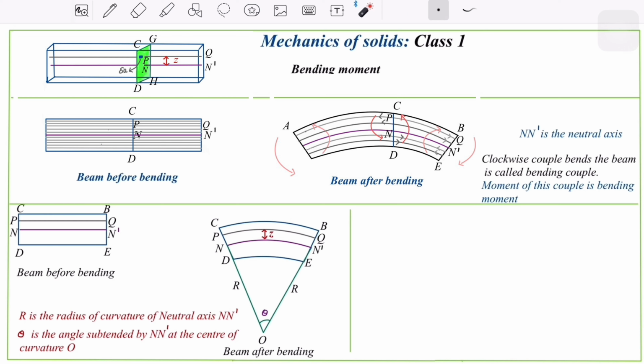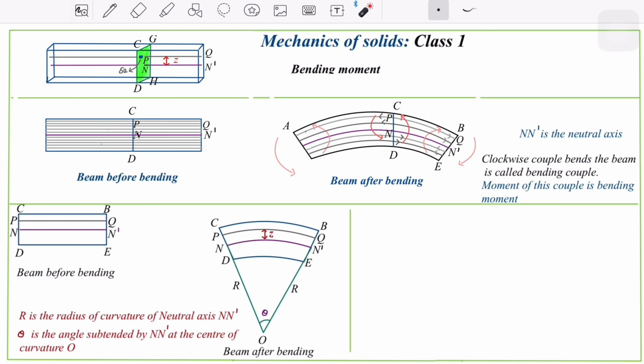Now let us derive the expression for the bending moment. So far we have studied that the clockwise couple bends the beam, which is called the bending couple, and we have to find the moment of this couple. This is called the bending moment.